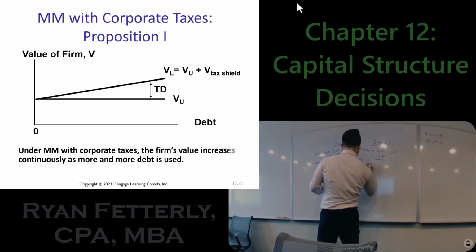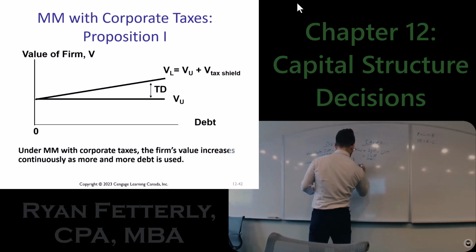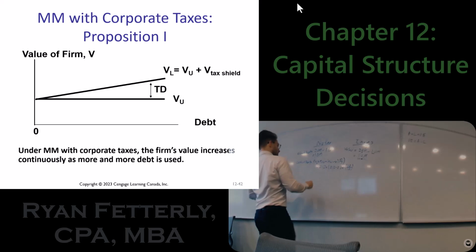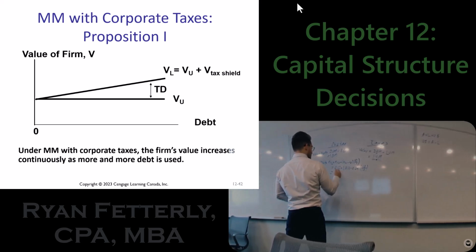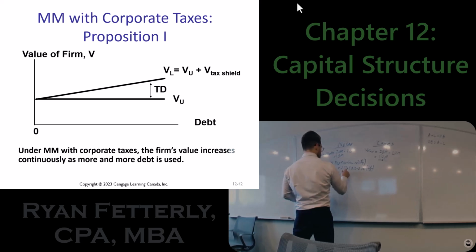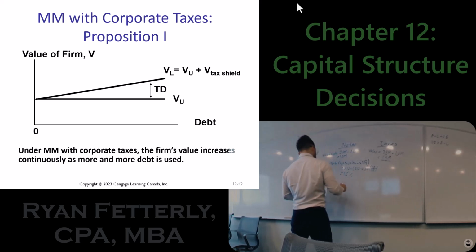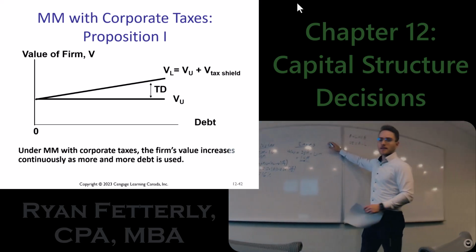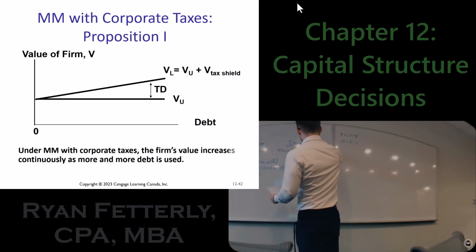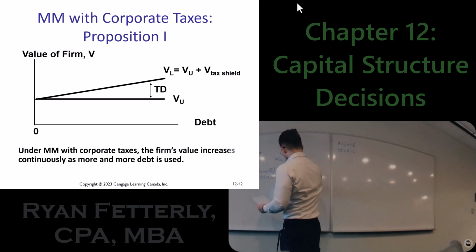And then I multiply it by 10 over 10. So 10 mil in debt, 10 mil in equity, right? So my new cost of equity would be 16%, okay?